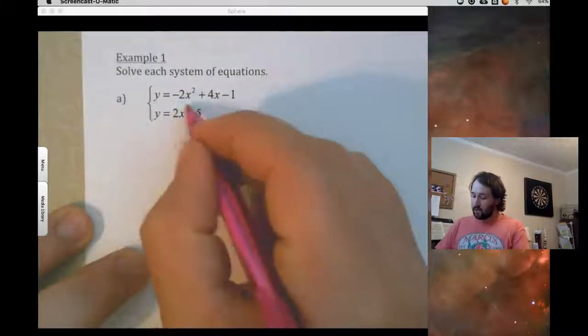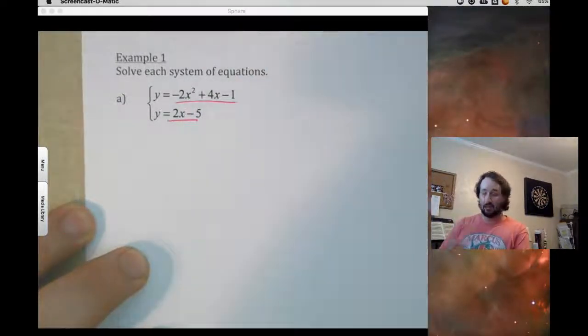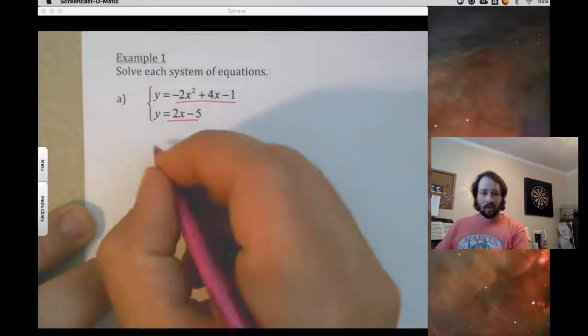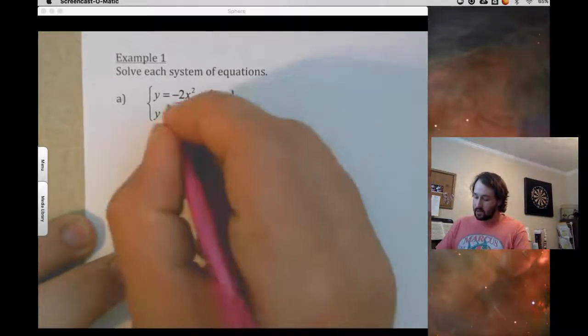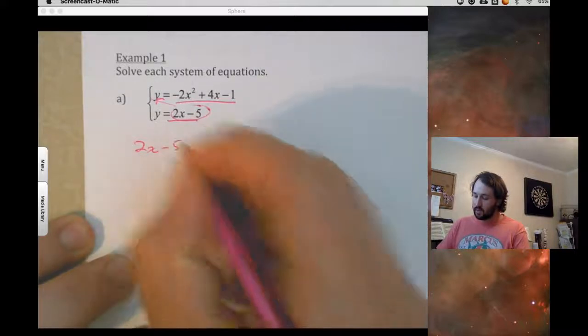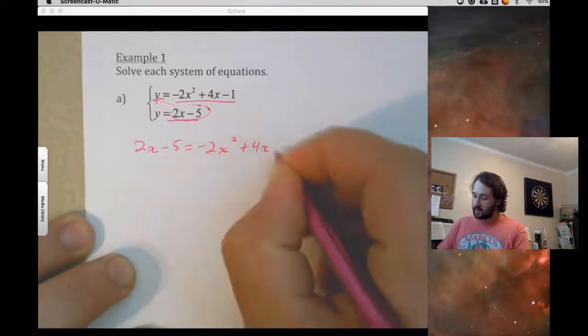Notice I have y equals all that junk and y equals all that junk. Since these both equal y, I can substitute this 2x minus 5 in for that y right there, such that I come out with the equation 2x minus 5 equals negative 2x squared plus 4x minus 1.